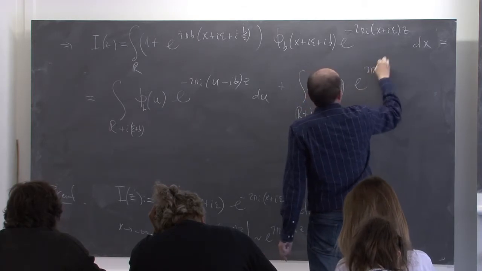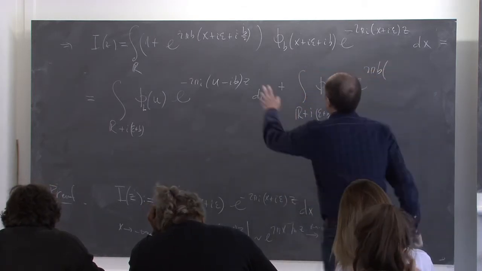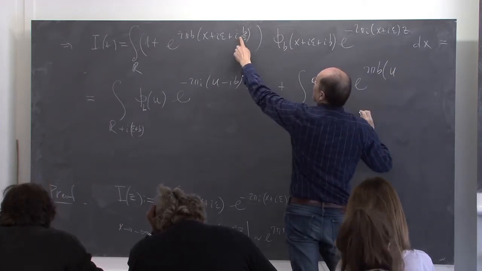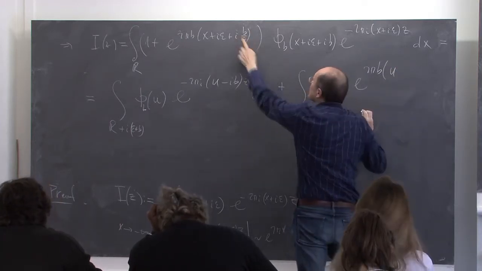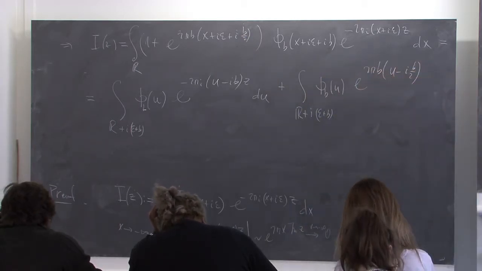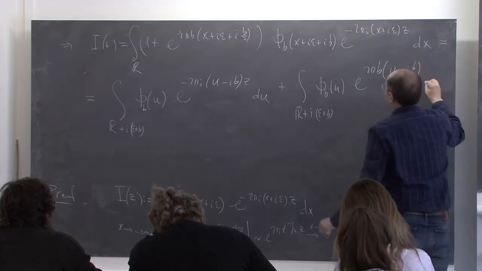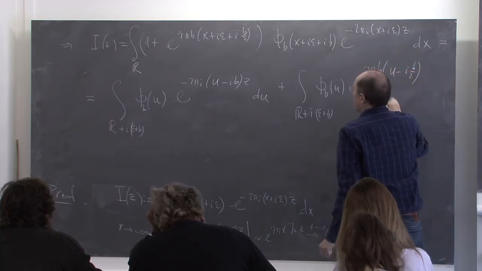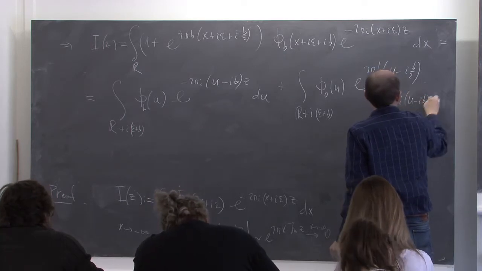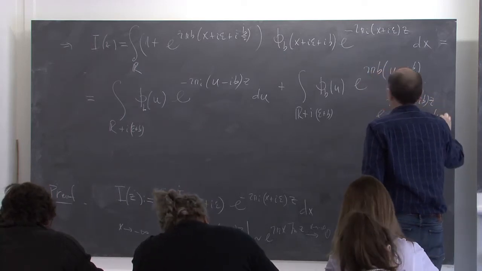Now I have to change the variable here, so here it will be u. We need not half, the whole b here. So we have to subtract half of b. Right? And this term times e to the 2 pi i u minus ib z du.